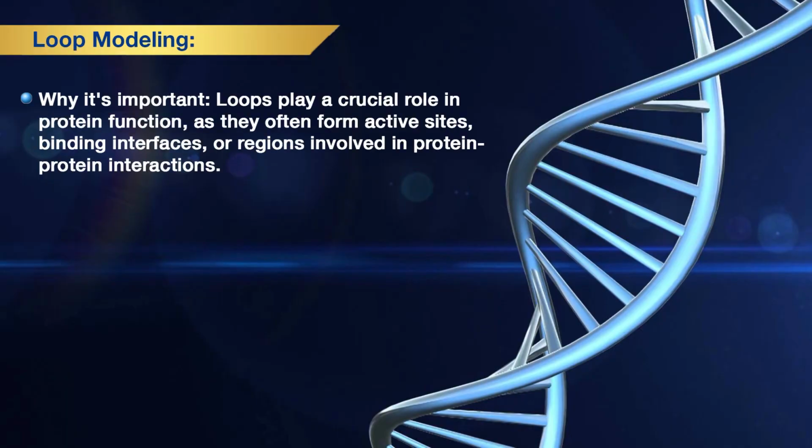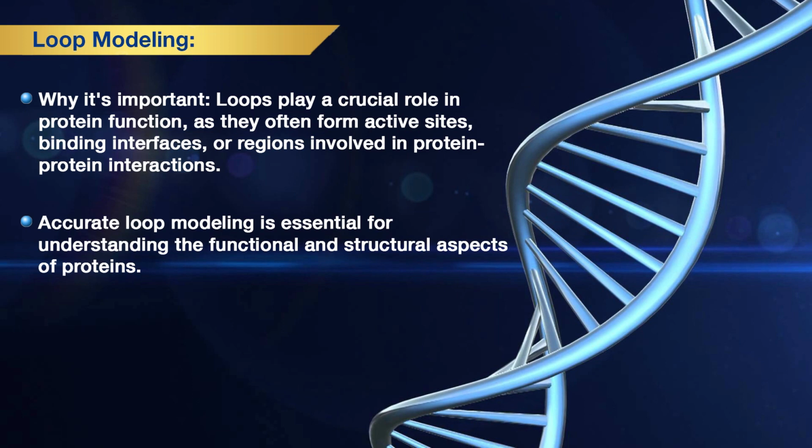So let's see why it is important. Loops play a crucial role in protein function. Very important aspect, protein function, as they often form active sites, binding interfaces or regions involved in protein-protein interactions. Accurate loop modeling is essential for understanding the functional and structural aspects of a protein as well. So what we understood is the definition of loop modeling. Now let's see what are the different methods of loop modeling.